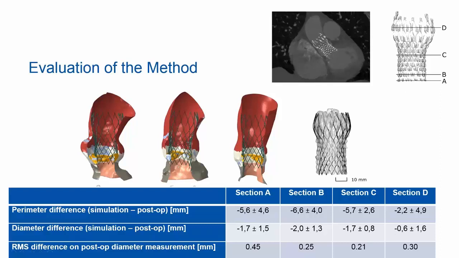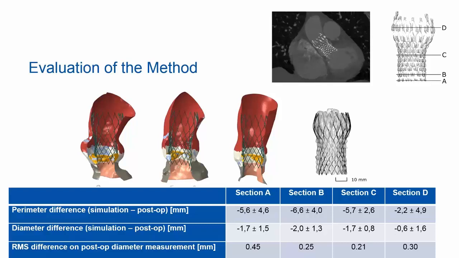And we saw that using the model, we had an underestimation of the perimeter, also of the diameter. That was systematic, and you can compare it a bit with the bottom row of numbers, which give an indication of the measurement error on the post-op diameter measurements.